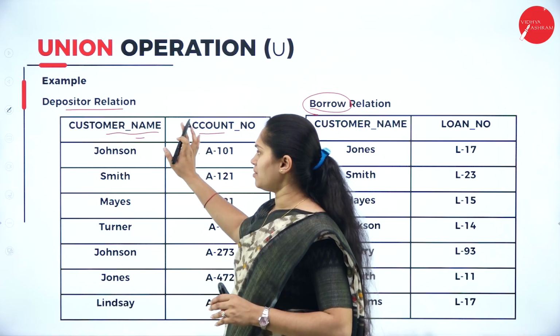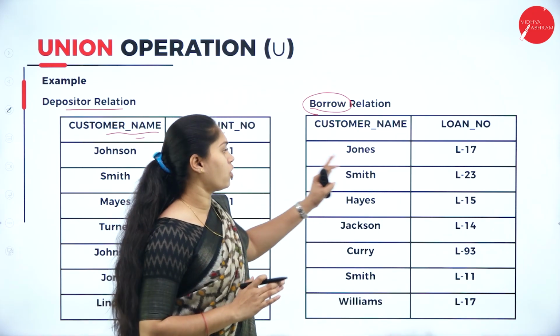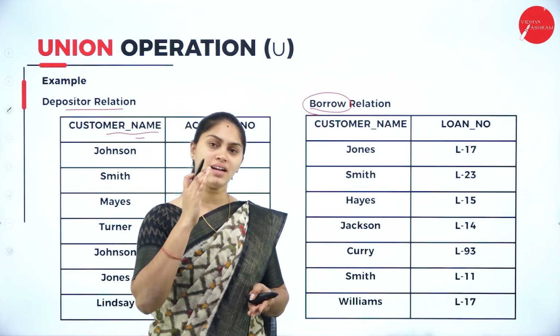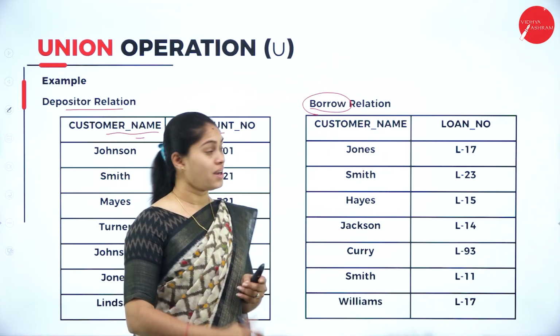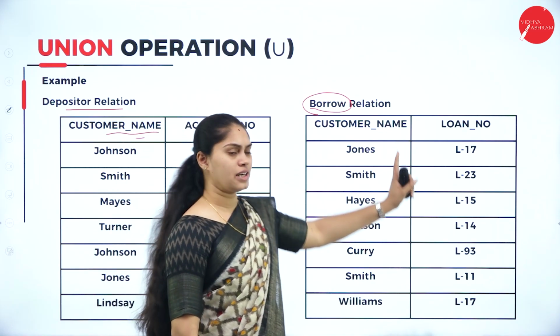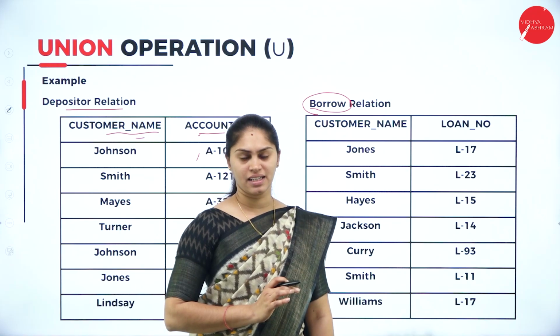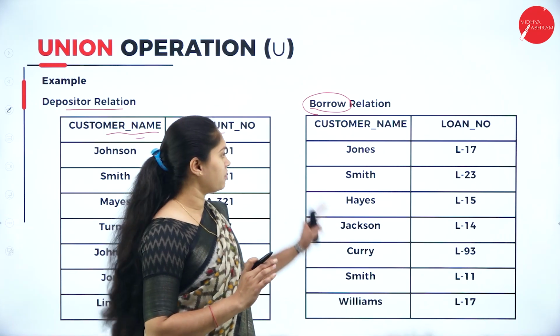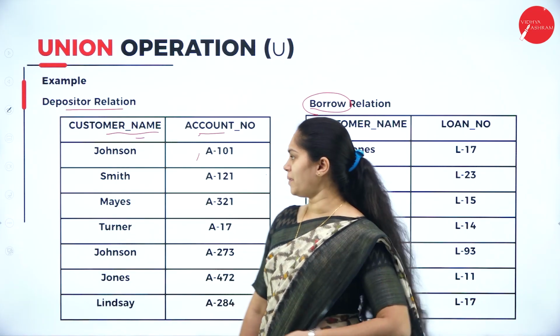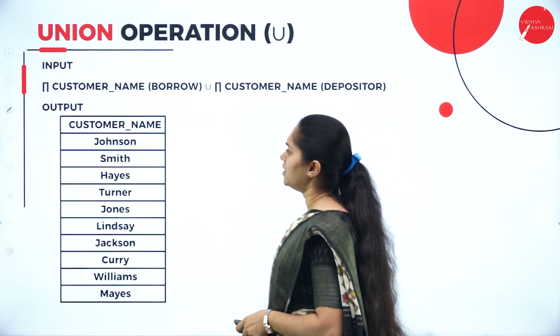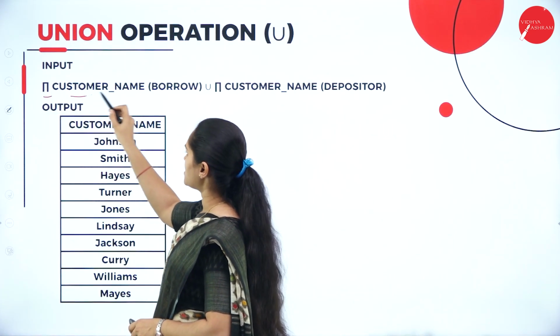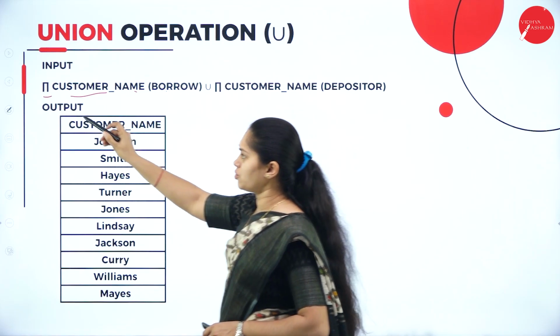And we have two columns in the depositor, two columns in the borrow. That means the number of attributes or columns is the same. And if you take the example of account number and loan number, both are varchar here. So we satisfied the conditions with respect to this union operation. We'll see the example. So I am going to combine customer name of borrow. Why do we use this symbol?